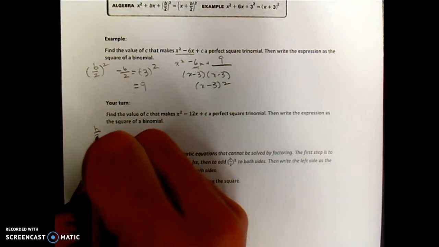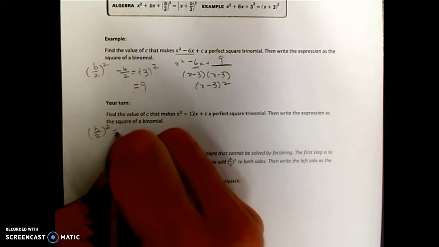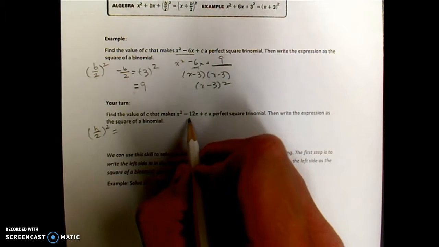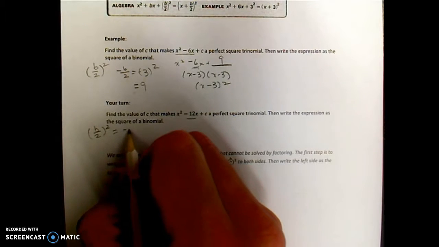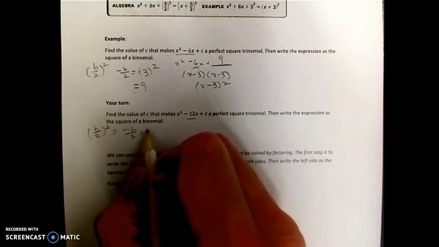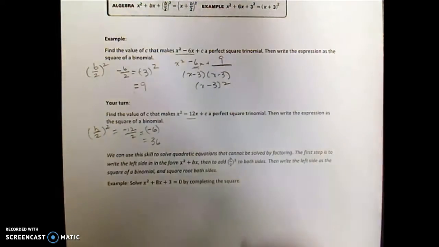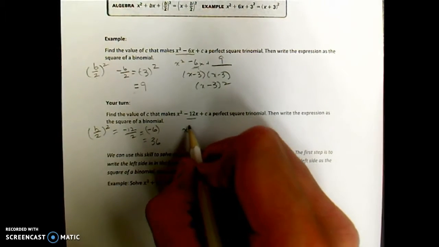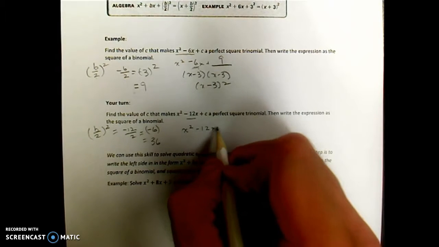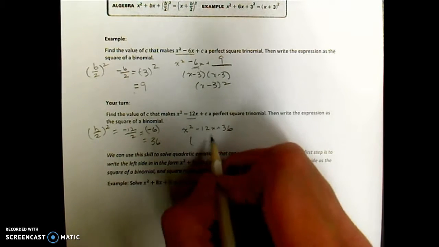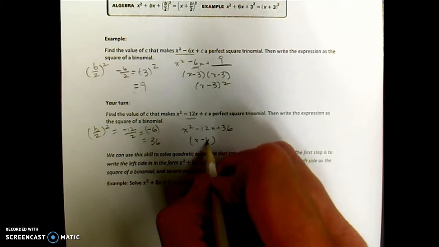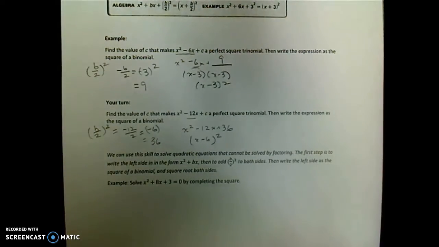Using our formula, b over 2, that quotient squared, our b value is negative 12. Negative 12 divided by 2 is negative 6. If we square that, we get 36. We'll need to write x squared minus 12x plus 36, which can be written as x minus 6, the quantity squared.